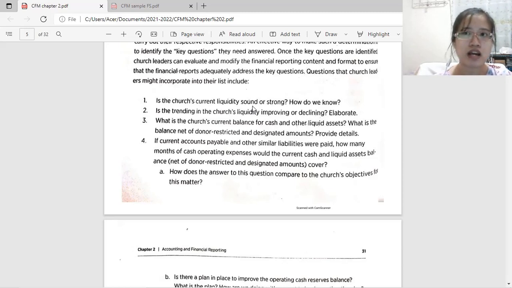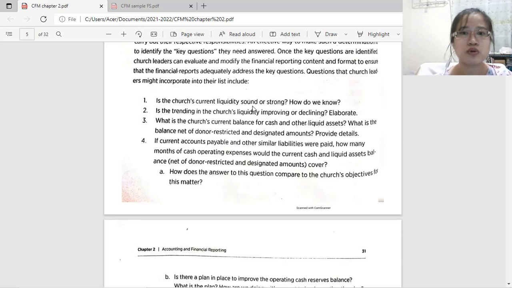Okay, because cash is very important, very essential in paying the actual operation of an organization, paying off the debts, paying their suppliers. Whenever they buy something, they would need cash to pay for the utilities regularly, monthly, and of course to pay the salaries and wages of the workers.